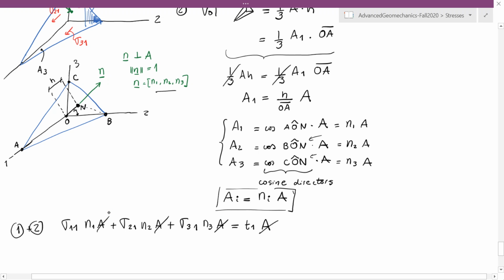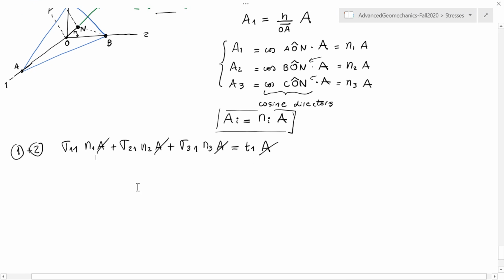And I get to a simpler expression in which, let me now just move T1 to this side.